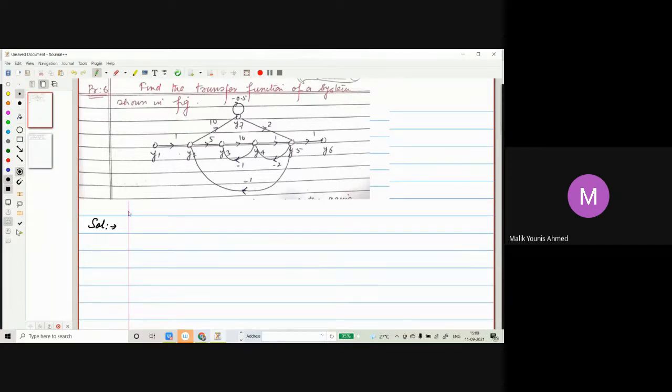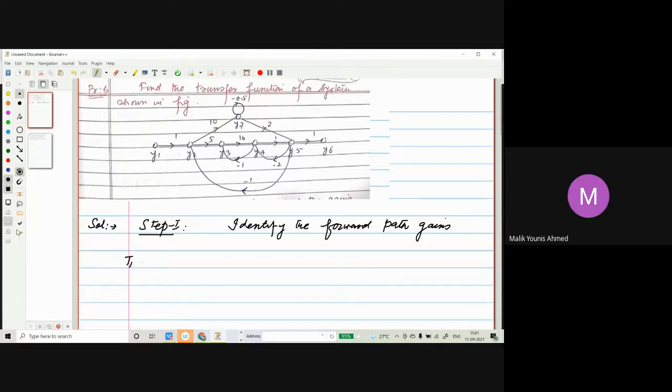Anyway, let's first identify. Step number 1 is to identify the forward path gains. So there are two forward path gains.